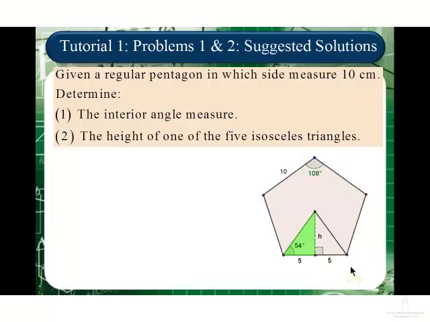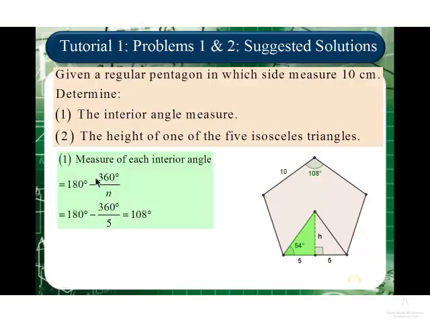Here we have the representation of the pentagon with side length 10 centimeters, and in this case the measure of each interior angle, according to the formula that we considered before, will be 180 degrees minus 360 degrees divided by 5, since n, the order of the regular polygon in this case, is 5.